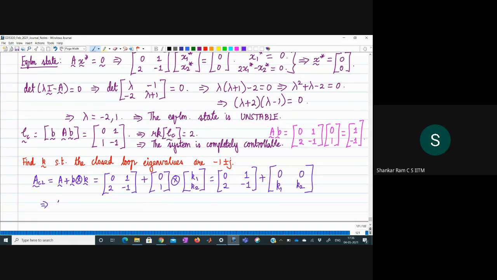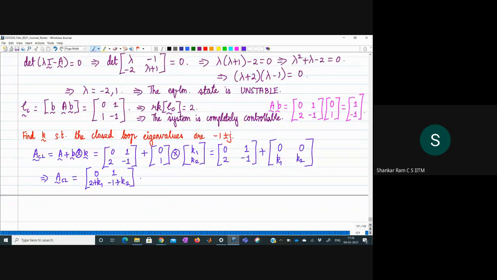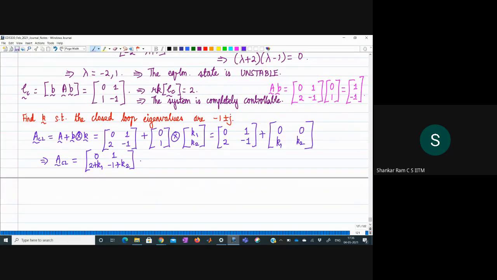So this will give us the closed loop state matrix to be equal to [0, 1; 2 plus K1, minus 1 plus K2]. Okay, so this is the closed loop state matrix.